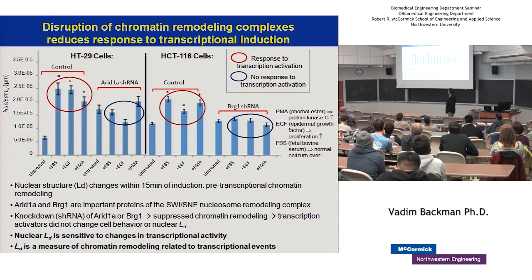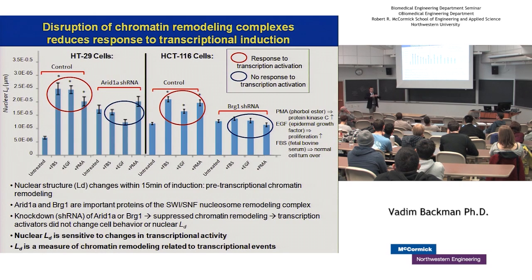So here's one example. Let's activate transcription in a cell. We start with the cell, and then we use things like PMA or EGF, different transcription activators. The first thing that happens when a cell wants to transcribe a gene is that chromatin has to remodel.